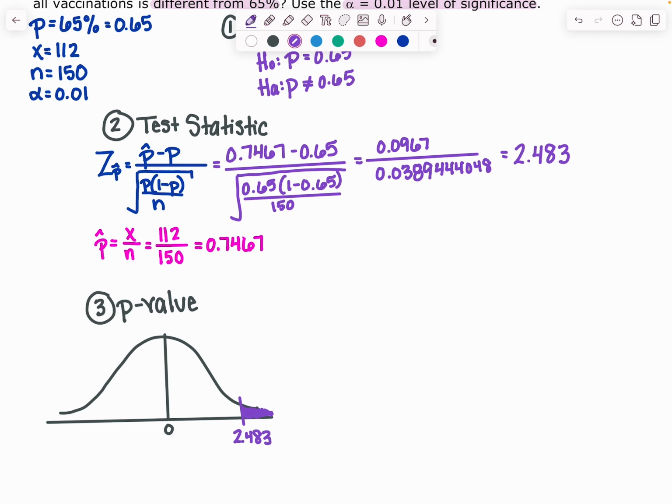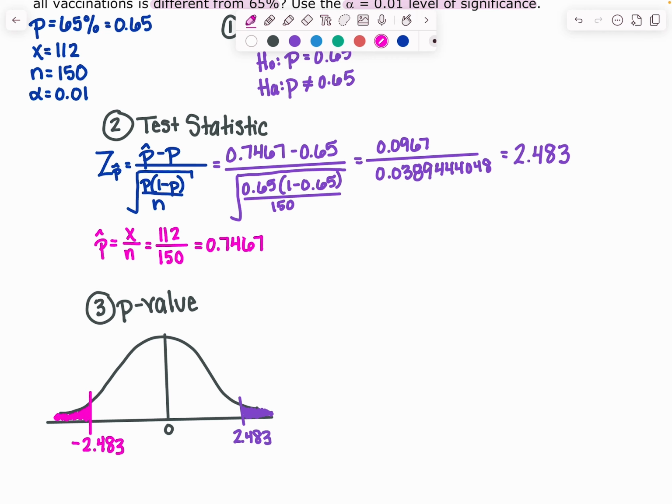But because it's not equal to, there's a chance that it could have been too high or too low. So I'm also going to take negative 2.483 and shade everything below that.